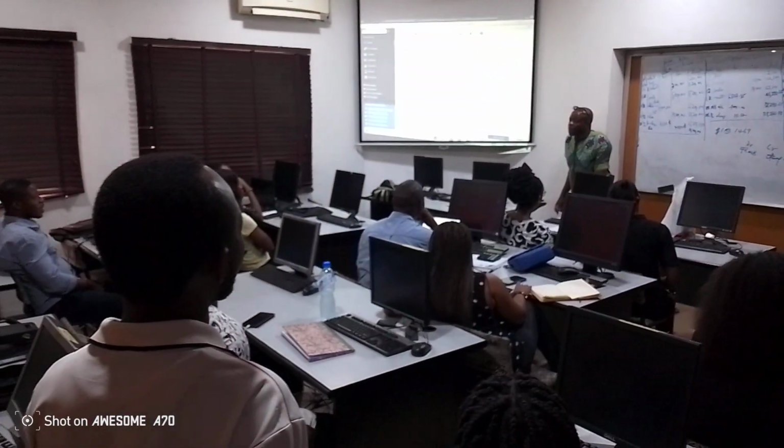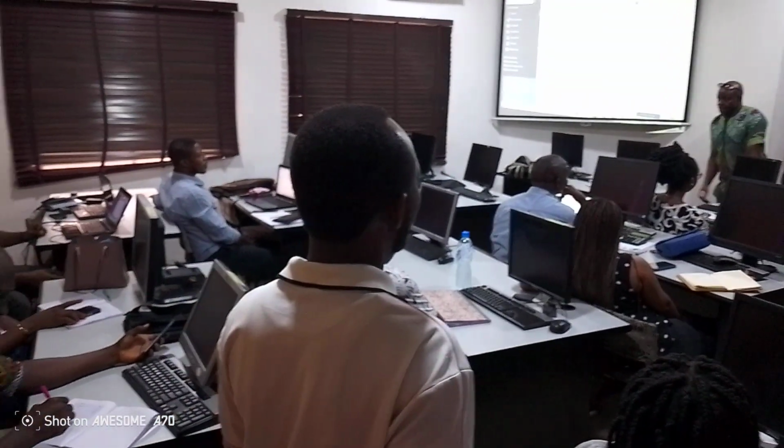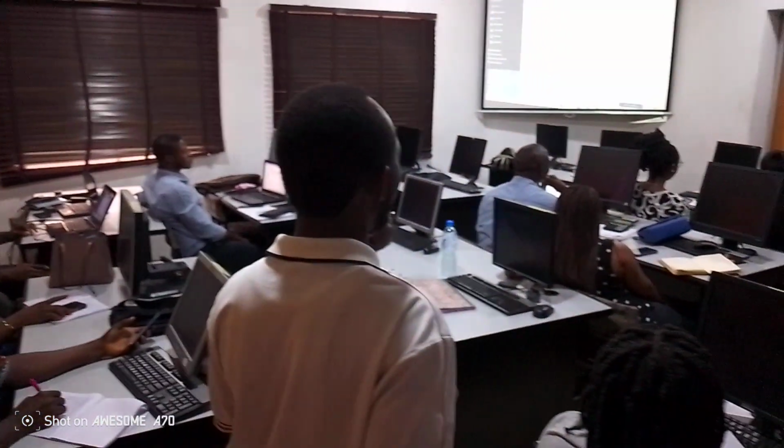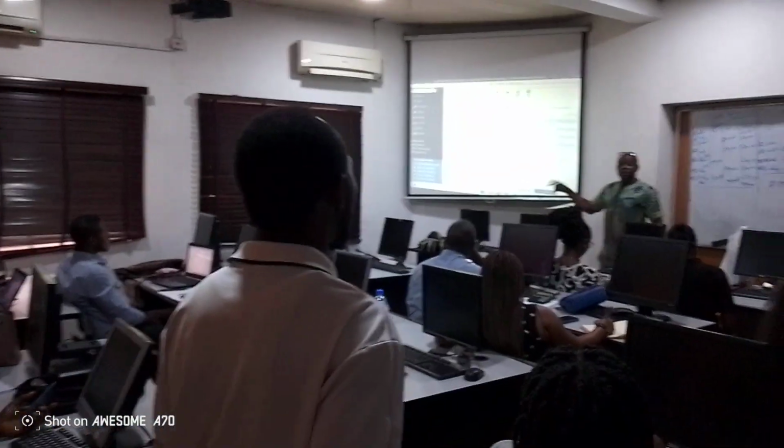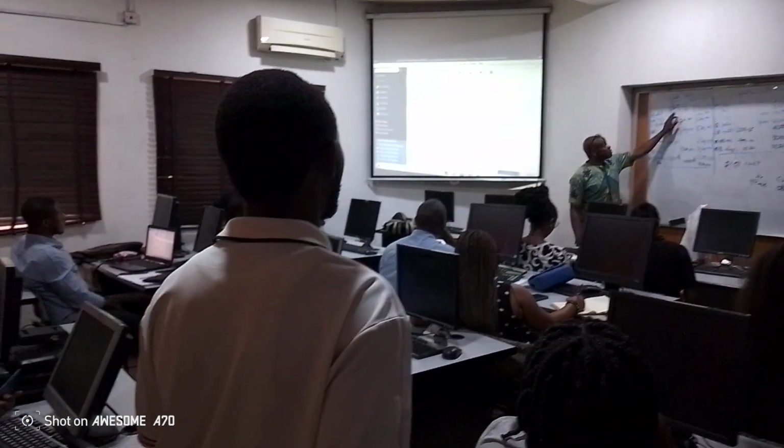We debit what? Fine, we debit, which is asset, right? And then we credit what? Sales, which is income, of how much? 3 million. Let's do that. Do you understand? We debit the assets, which is our UBA account, right?